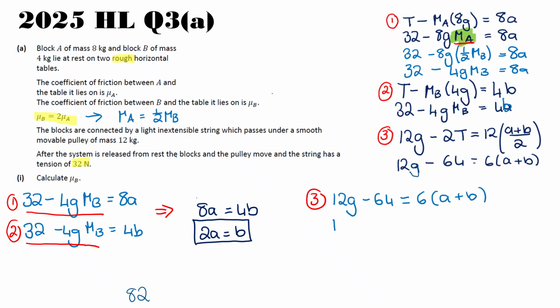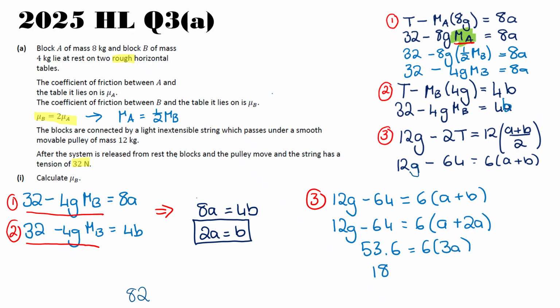Now if I sub in 2a instead of b, we now have an equation where we can solve for a. So let's get rid of that g, so that's our 9.8. So 12 by 9.8 gives us 117.6 minus our 64. That's giving us 53.6. And that equals 6 times 3a.